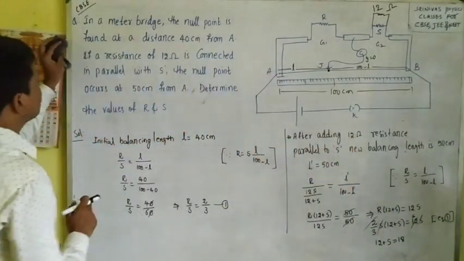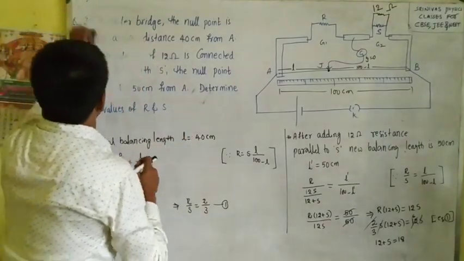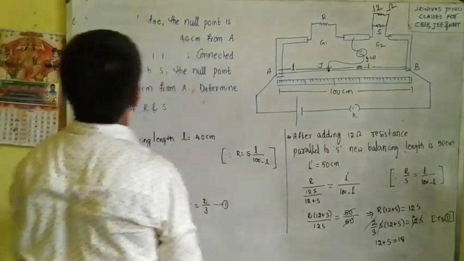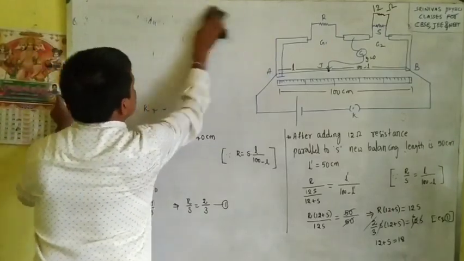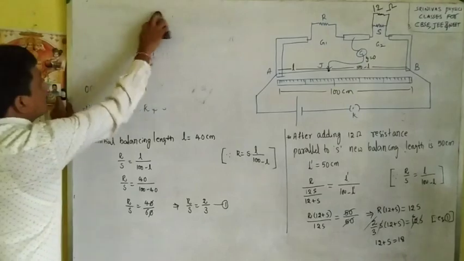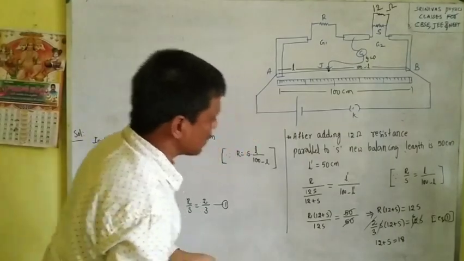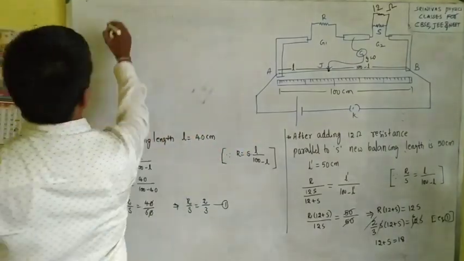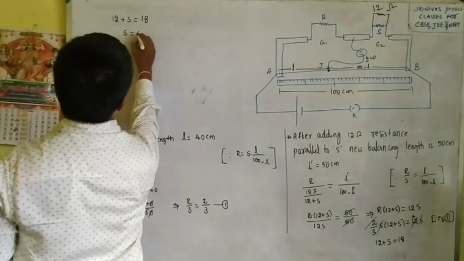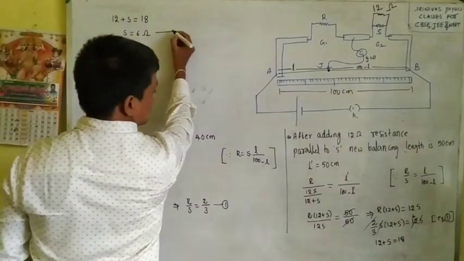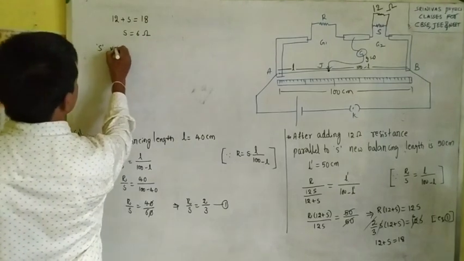We have to find out R and S. What we are getting here is 12 plus S is equal to 18, then S is equal to 6 ohm. We write S is equal to 6 ohm we got. The S value is substituted in equation 1.